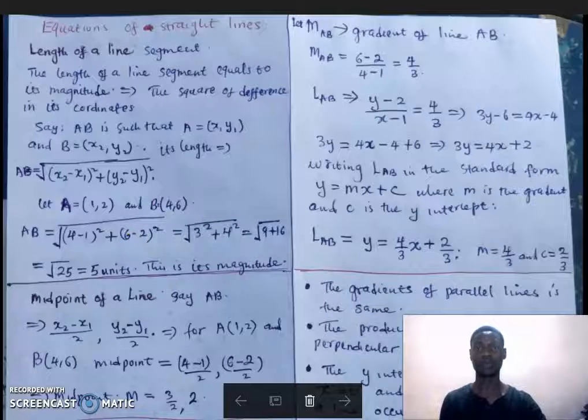Then we find the square root of the result. So in this case, the square root of 25 gives us 5 units, which is the magnitude of that line segment.